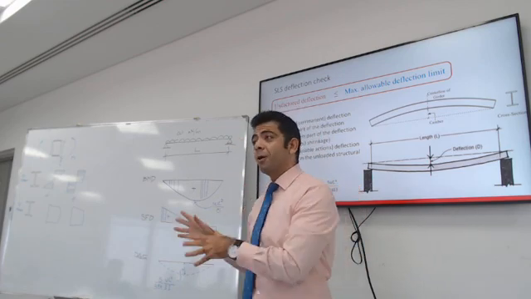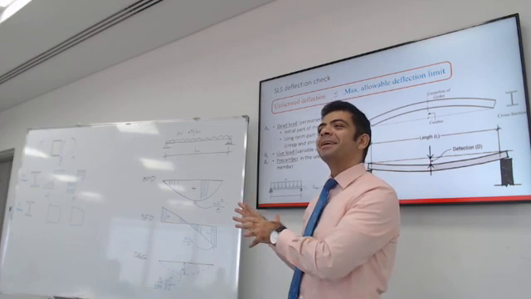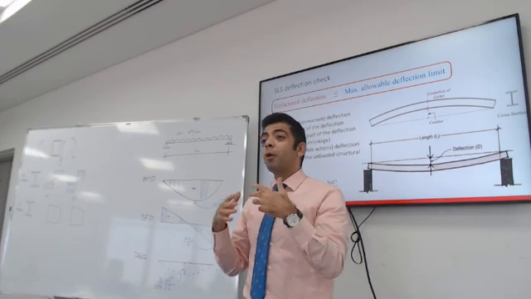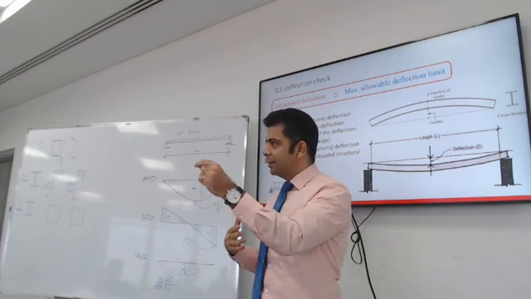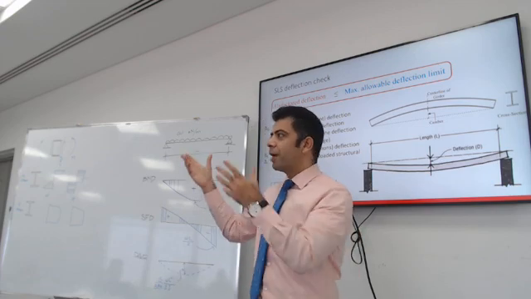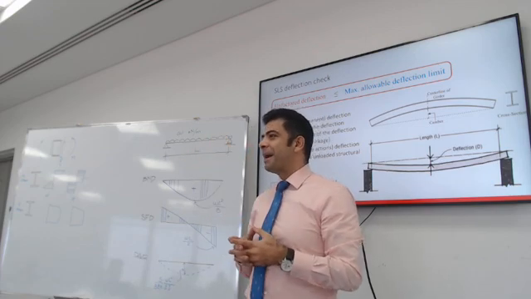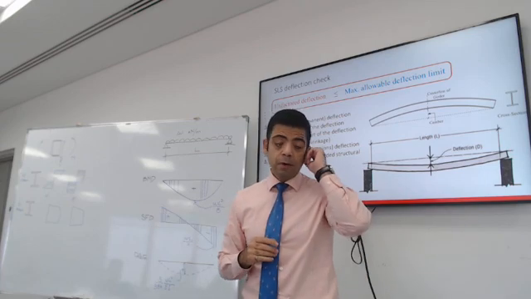So now, even though the code could say you're okay with more deformations, you need to communicate with your client. You need to check vibrations, so something like what happened now doesn't scare the occupants. All right, so these are the two things.